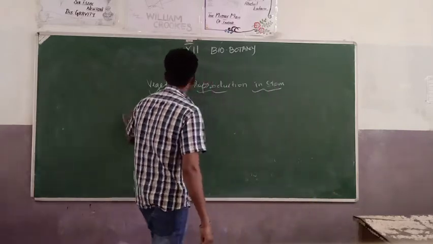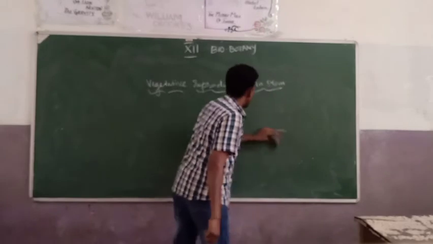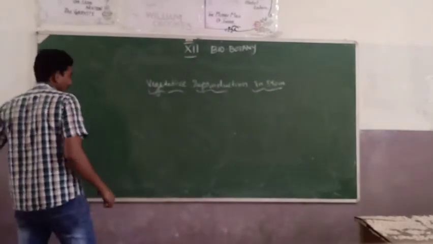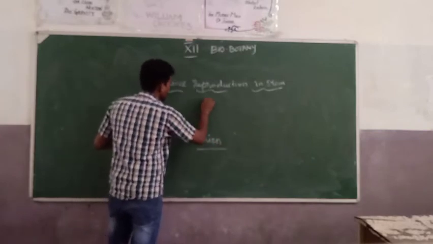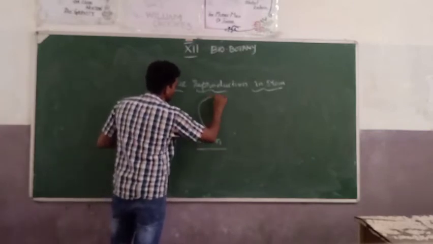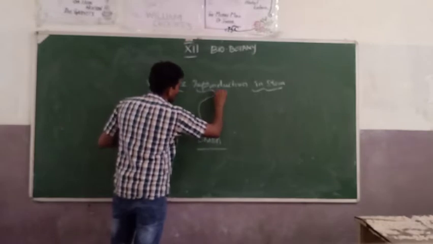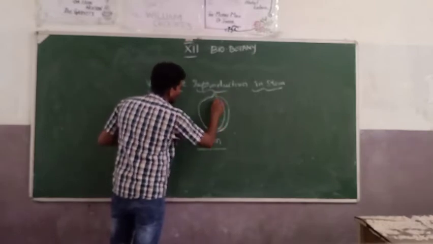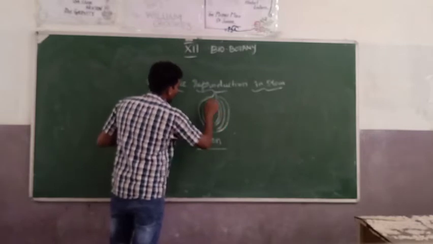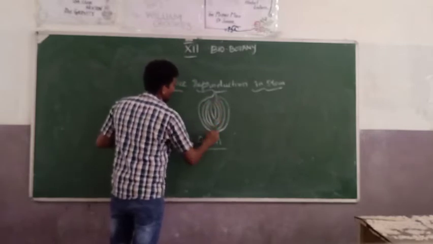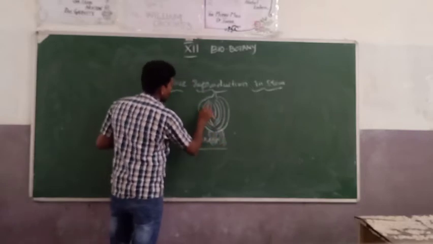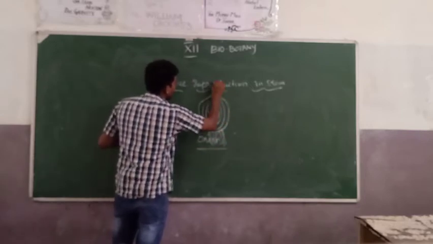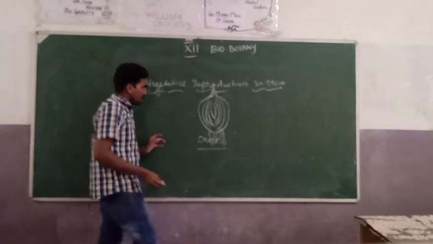One more example of vegetative reproduction in stem, onion. Do you know about onion? This looks like onion peels.